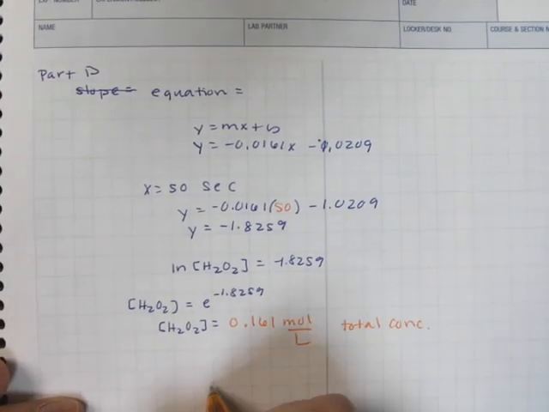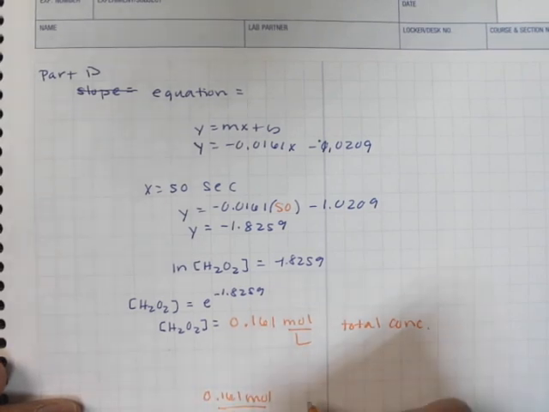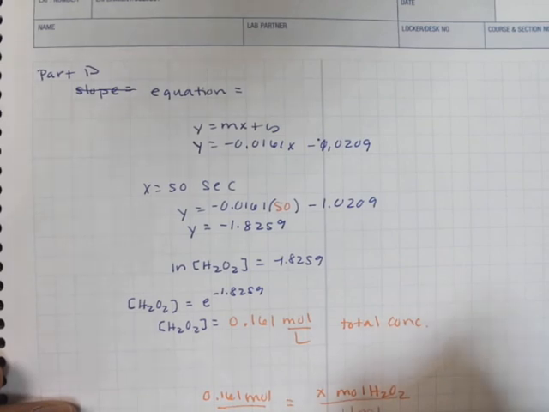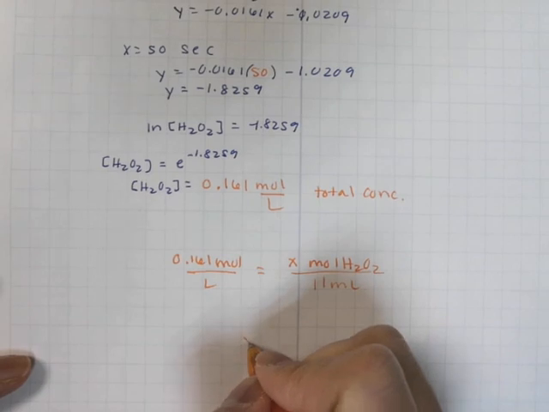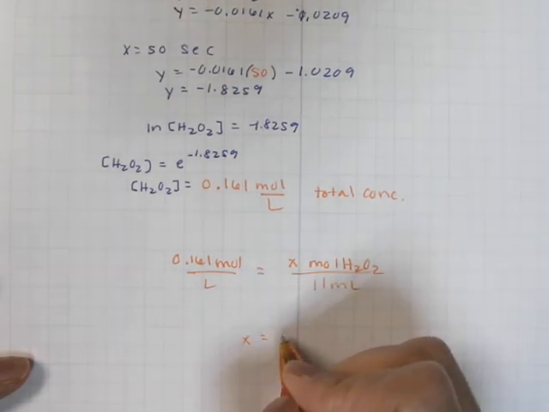So we know we want to have 0.161 moles per liter. That needs to equal some volume or some mole of H2O2 over 11 mils. We want to keep the volume the same as we did in the other reactions. So when you solve for x, you just cross multiply and divide.